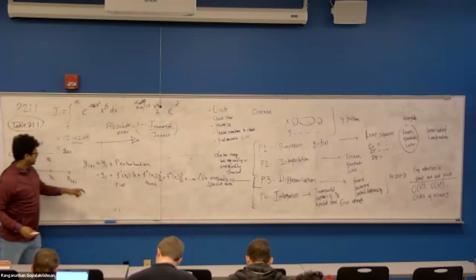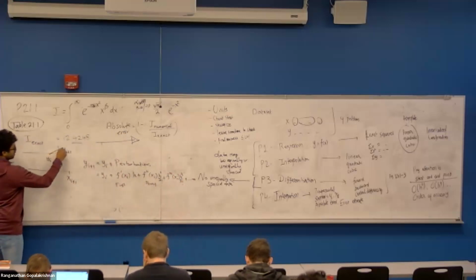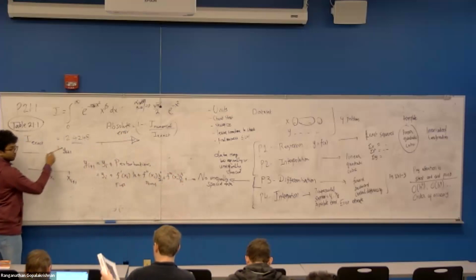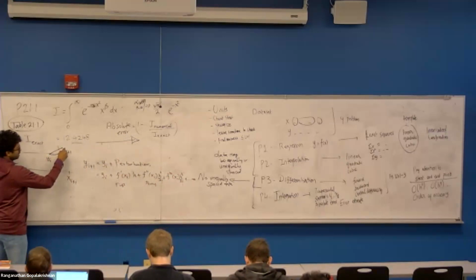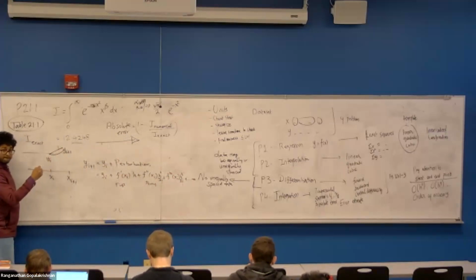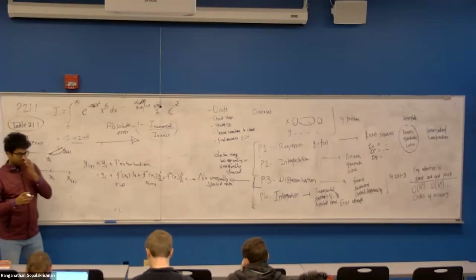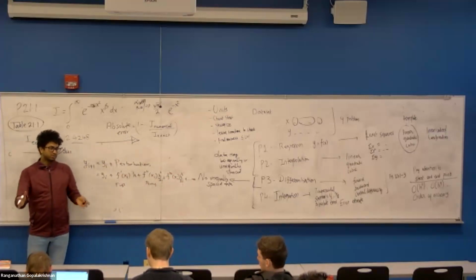Think about it as I have to go from here to here. I have to correct for my slope. I not only have to correct for my slope, I also have to correct for my curvature. Of course, here it doesn't make sense because it's a flat line.